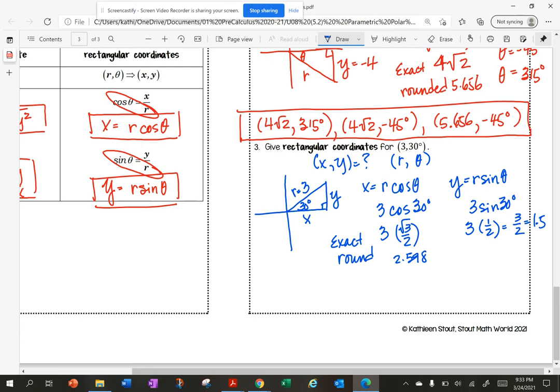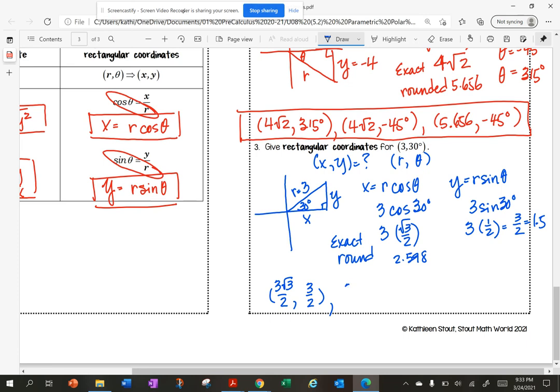I don't have a rounded value, so I can write my answer a couple different ways. So I can say exactly that this is 3 times the square root of 3 over 2, 3 halves.